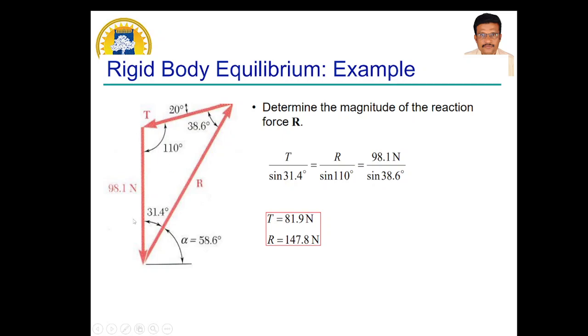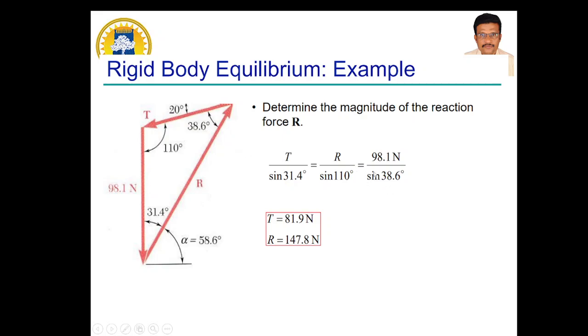So T divided by sine 31.4. Then R divided by the sine of the angle between tension and weight, which is 110 degrees. Finally, the weight acting downwards, 98.1, divided by the sine of the angle between the other two forces, 38.6.